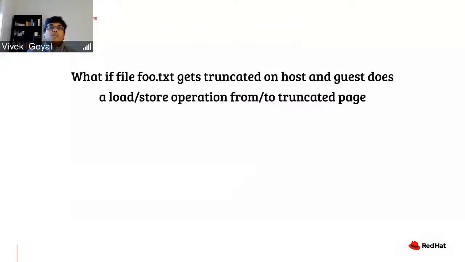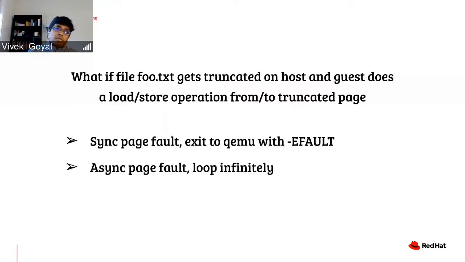Now, what happens if a guest process mapped a file, let's say foo.txt, and then somebody else, let's say on the host, truncates that file, and after that the guest goes and does a load or a store operation to that particular page. So the current behavior depends. This is an error, like the guest tried to access a page which is not present anymore.